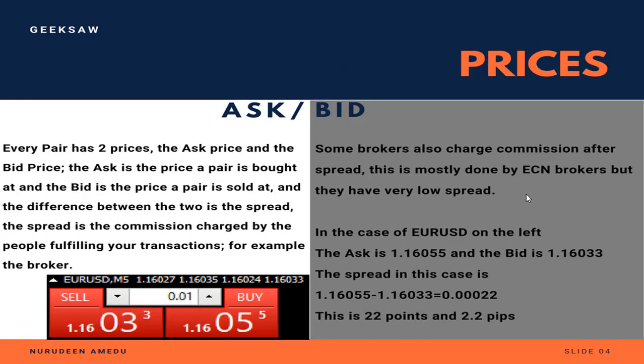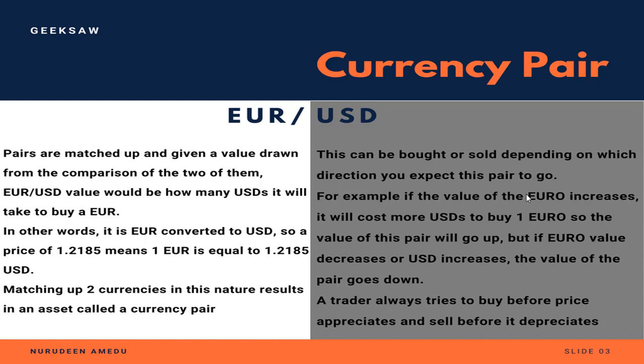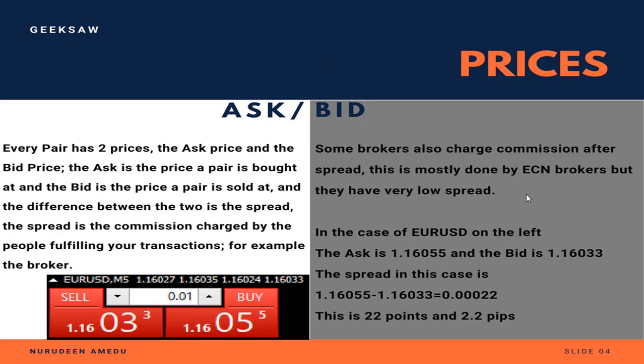Now, pricing is how you buy or sell a currency pair. One thing I made a mistake with for the Euro USD: if you believe the USD is going up, you have to sell the currency pair. Selling means you believe the market is going down, so you can profit from the market going down by selling the pair.